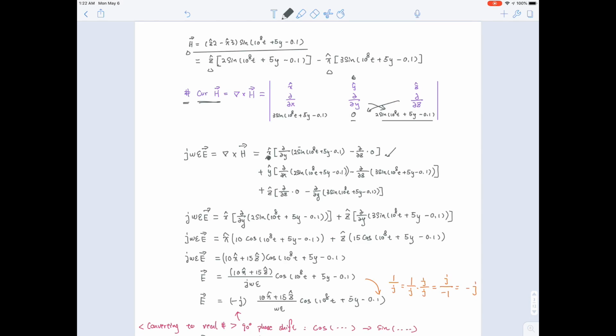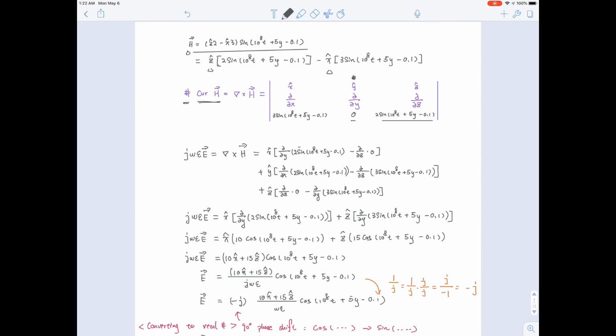So this gives us this term right here. And we can move on to the y component. It would be the derivative of x on this term, minus the derivative of z on this term, which gives us this right here.